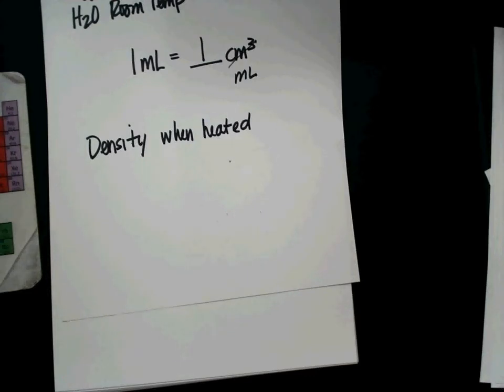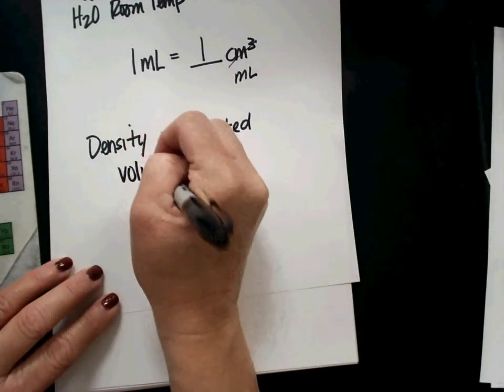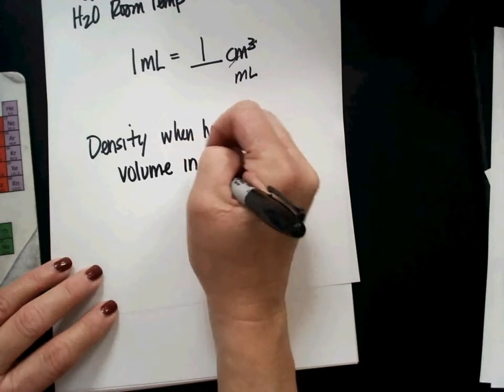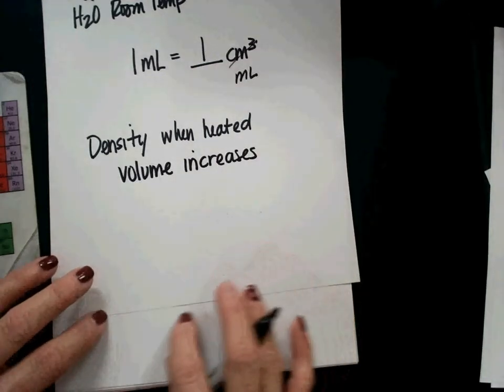What happens when something turns to a gas? Does it get closer together or does it spread out? It spreads out. So generally speaking, when I heat something, volume does what? It goes up. It increases. Now let's look at this.